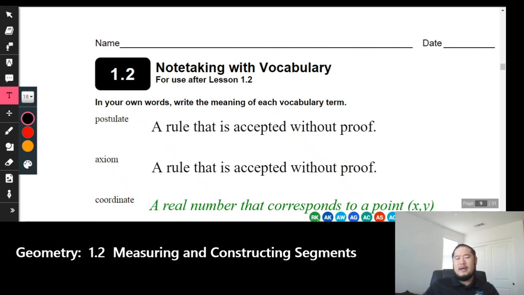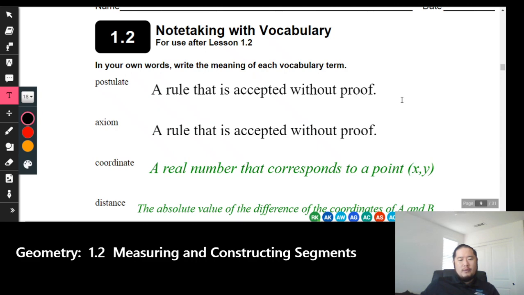So that's why you're able to just accept it without any other evidence to back up that statement. The next one right here is axiom. An axiom is a rule that is accepted without proof as well. So those two pretty much mean the same thing, different words.